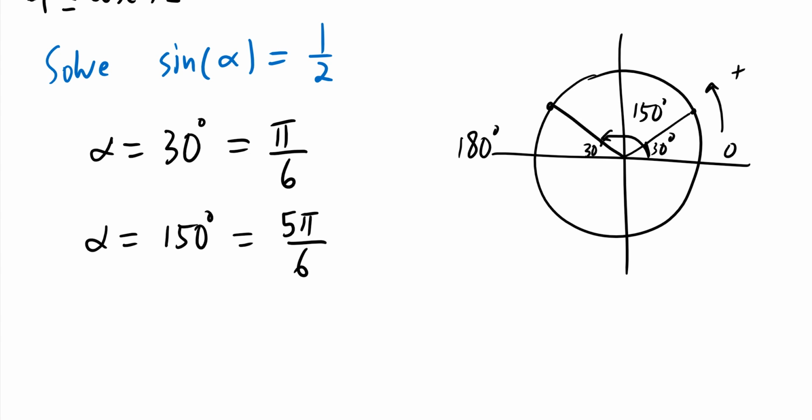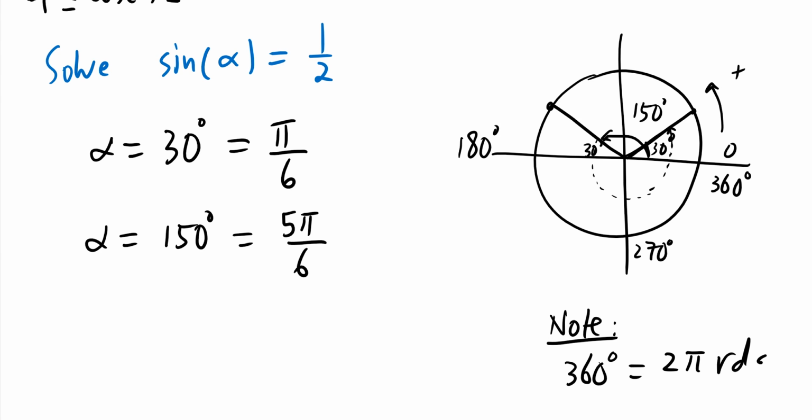Now, are there more? Well, if you travel more, you're not going to find anything in this quadrant or on the next quadrant. The next one you come across is where it terminates again at the same side as pi over 6. Note here on the side, this is 270 here, 360. The 360 in degrees is the same as 2 pi in radians.